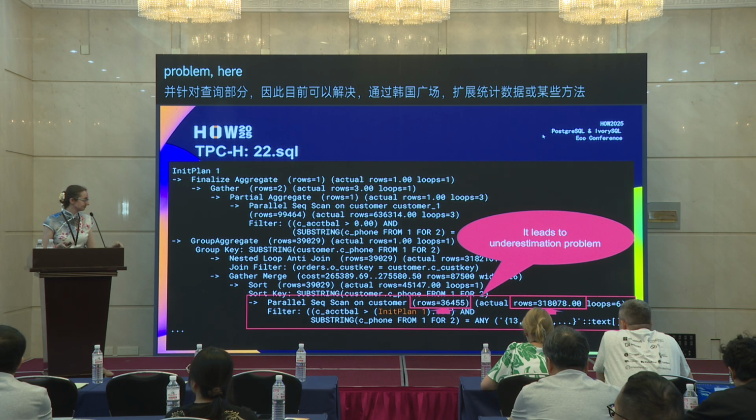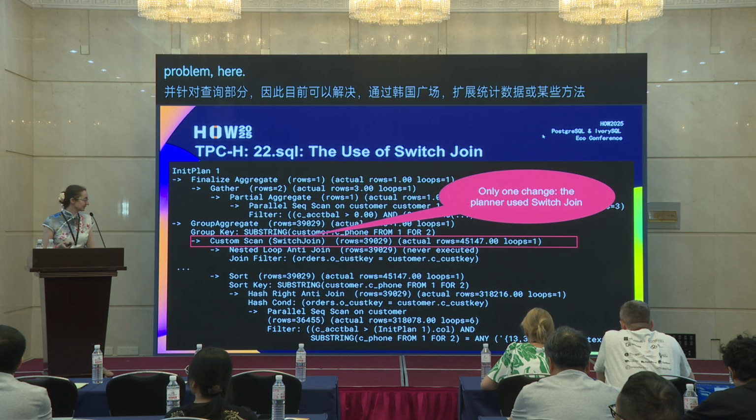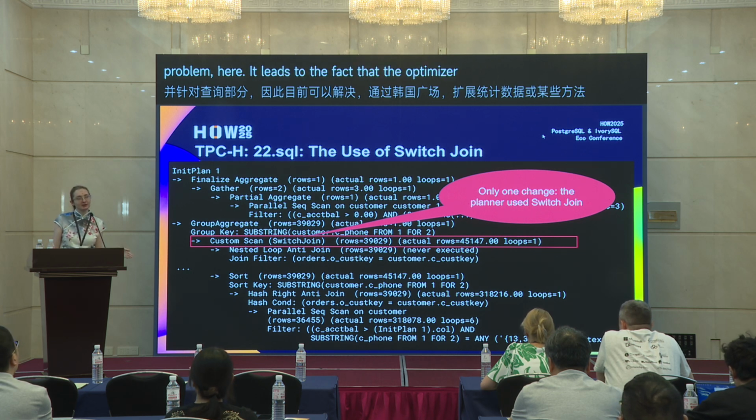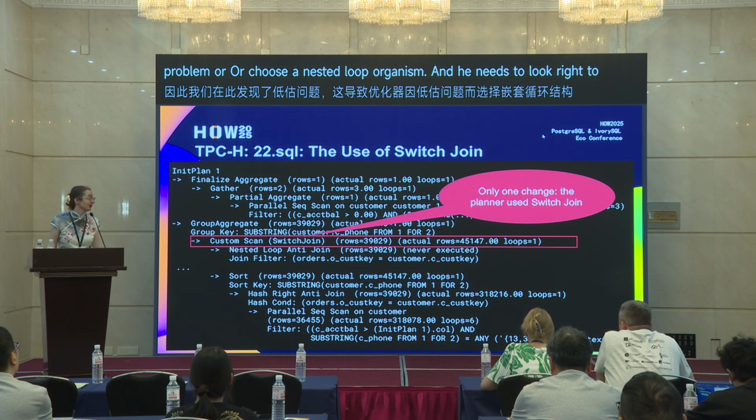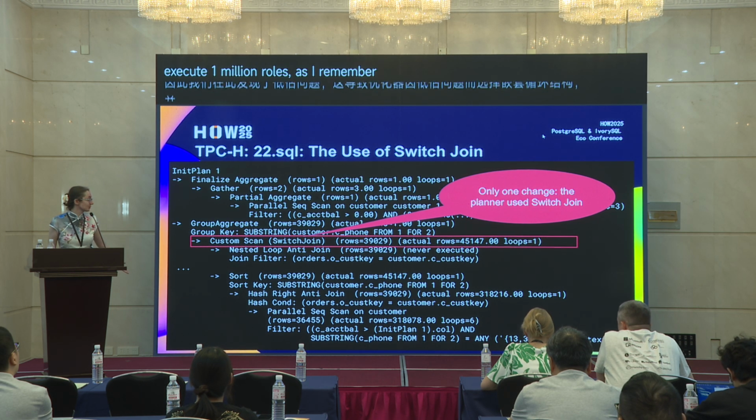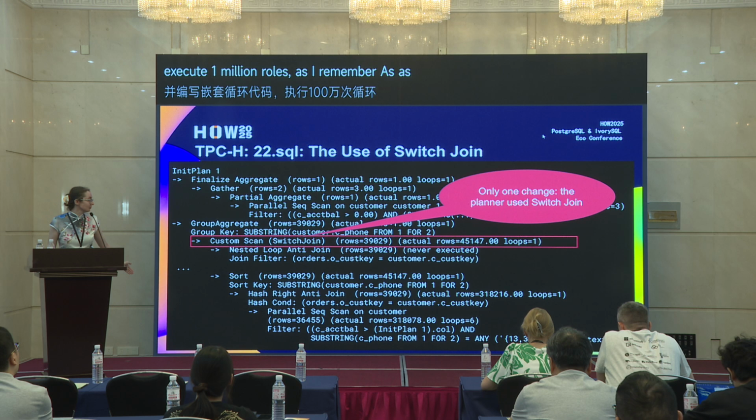And it leads to the fact that the optimizer, because of the underestimation problem, chose the nested loop algorithm, and nested loop tried to process 1 million rows, as I remember. Switch join contains two algorithms, nested loop and hash join.